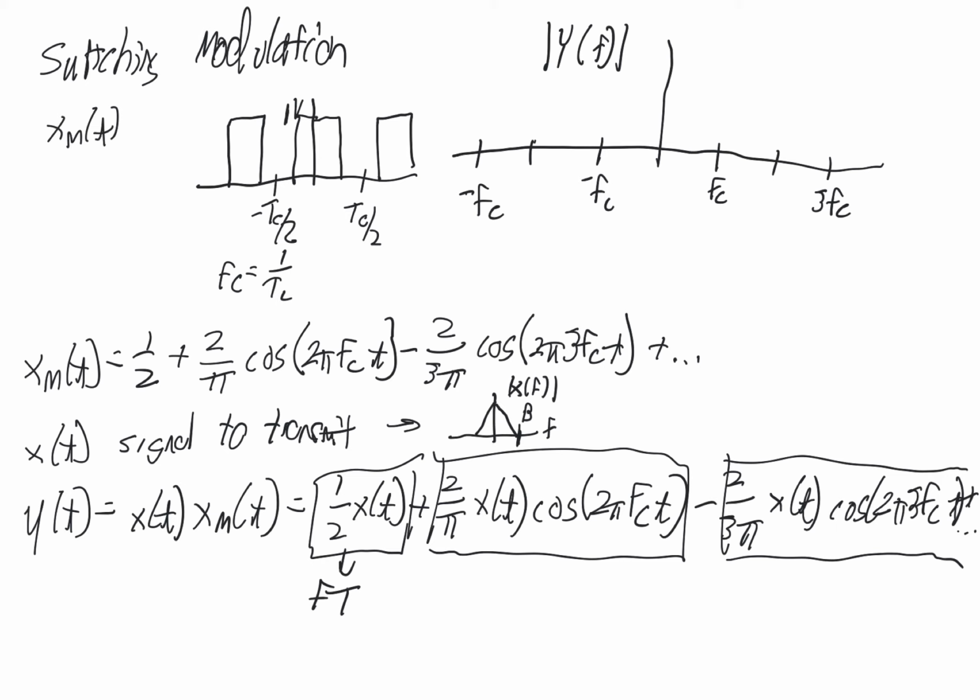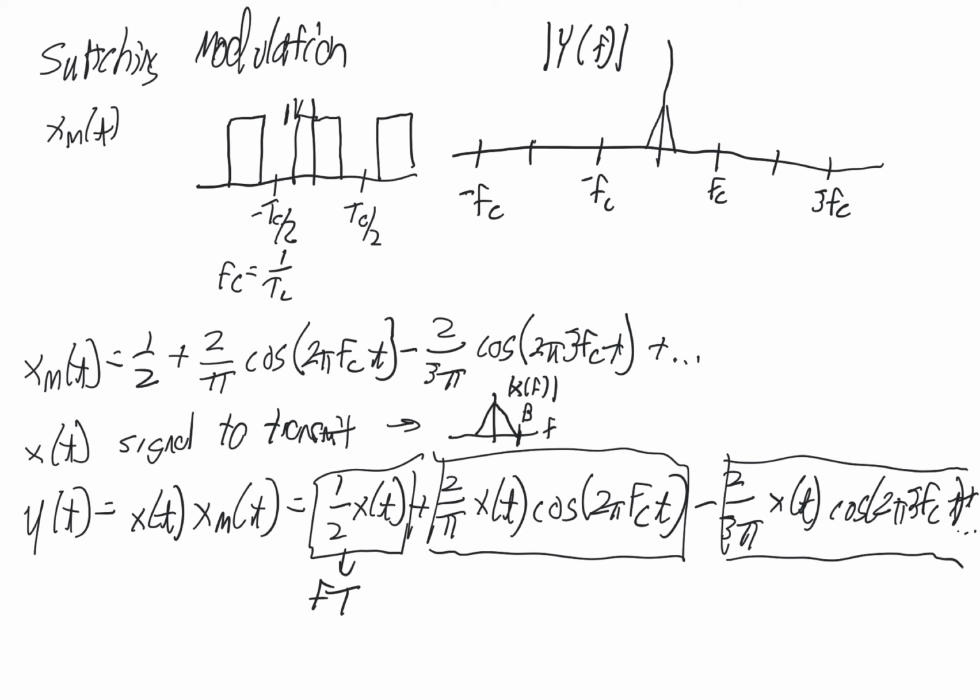So now we can see that in our transmitted signal, we have half of the original signal. We're going to have this original Fourier transform spectrum moved up here, but cut down by half. Let's assume that it fits in like this.